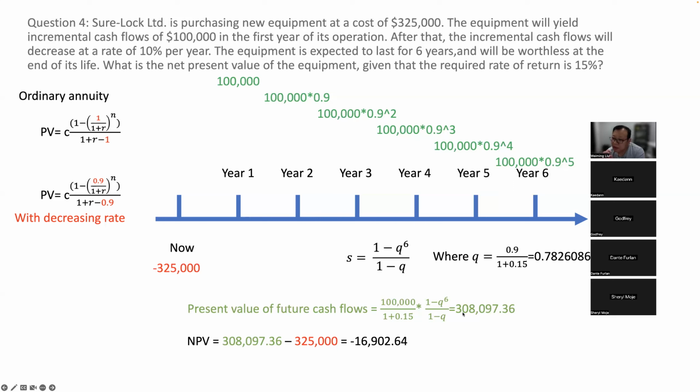That's the present value of the future cash flows, that's your gain. What is your loss, your cost? Your cost is your initial investment, 325,000. Take the difference between the green number and the red number, and I realized that the net present value is just a negative close to 17,000.